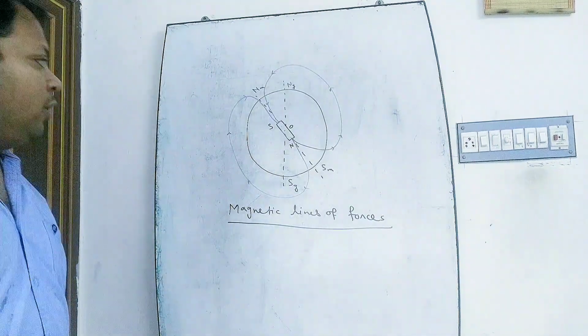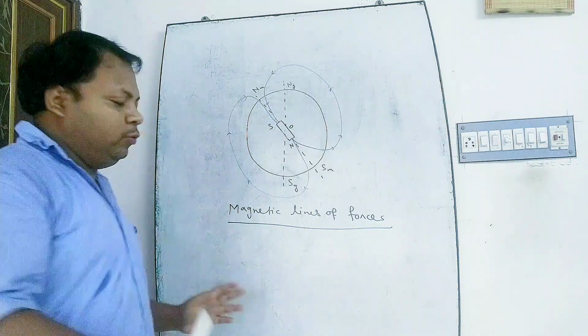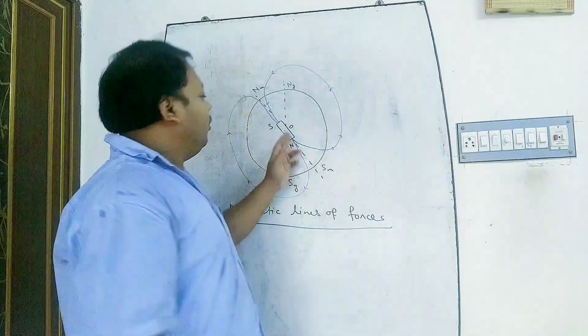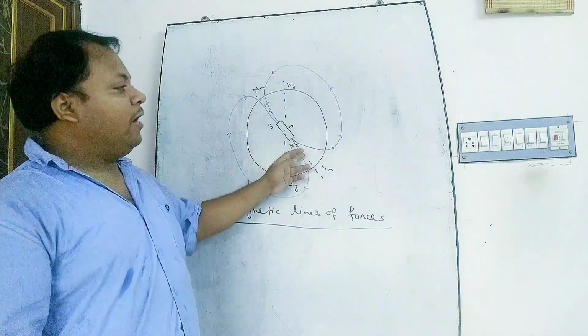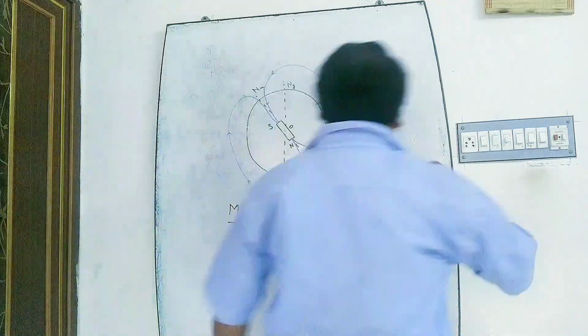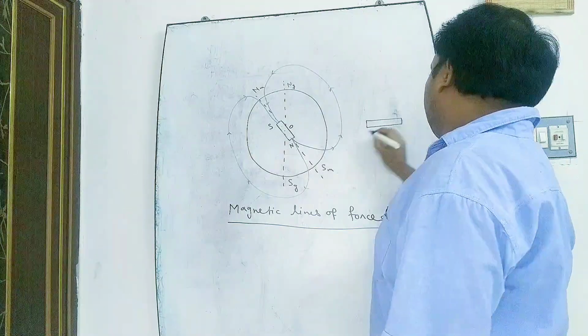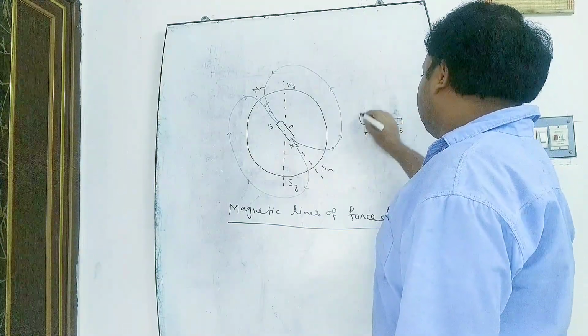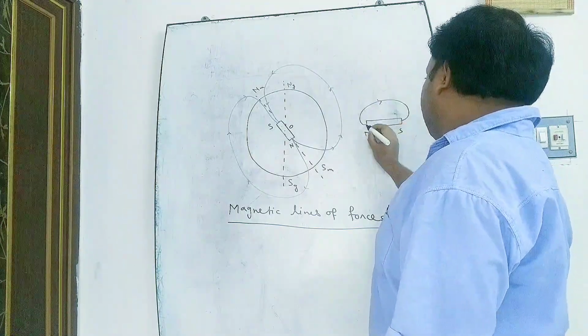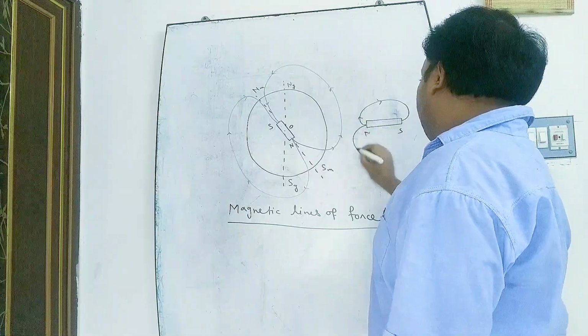You know that magnetic lines of force start from the north pole of a bar magnet and end at the south pole of a bar magnet.